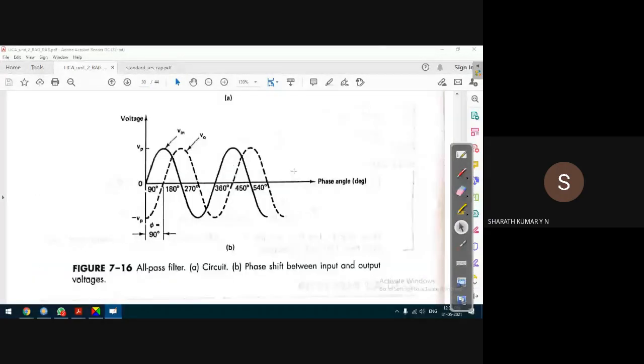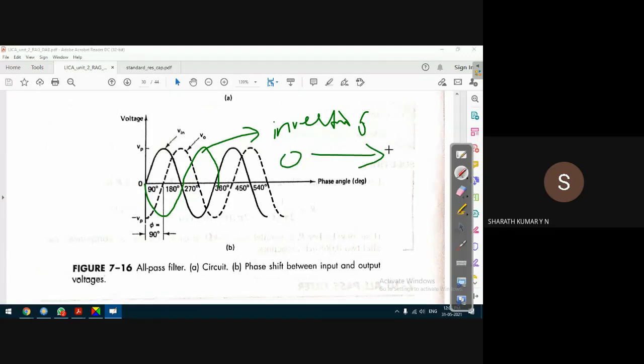What is the meaning of a phase shift of 180 degrees? When the input is positive, output becomes negative, and when the input is negative, output is positive. This is as good as the characteristics of an inverting amplifier. That means the phase difference goes from 0 to minus 180 degrees.